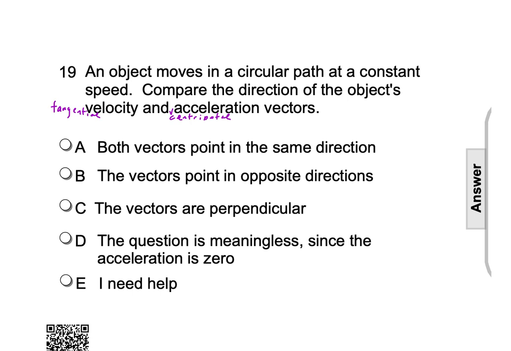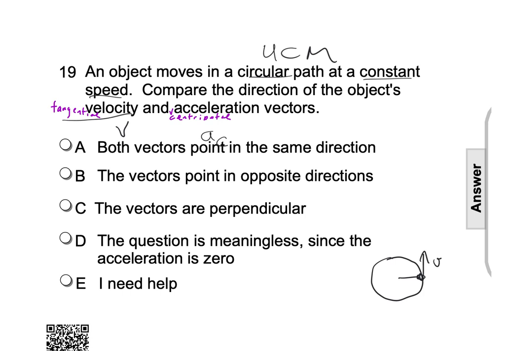Okay, for this one, something's in UCM, uniform circular motion, constant speed, moving in a circle. Period, directions of objects, tangential velocity V, and centripetal acceleration. So if you recall our pictures, there's a circle, there's an object going around the circle.